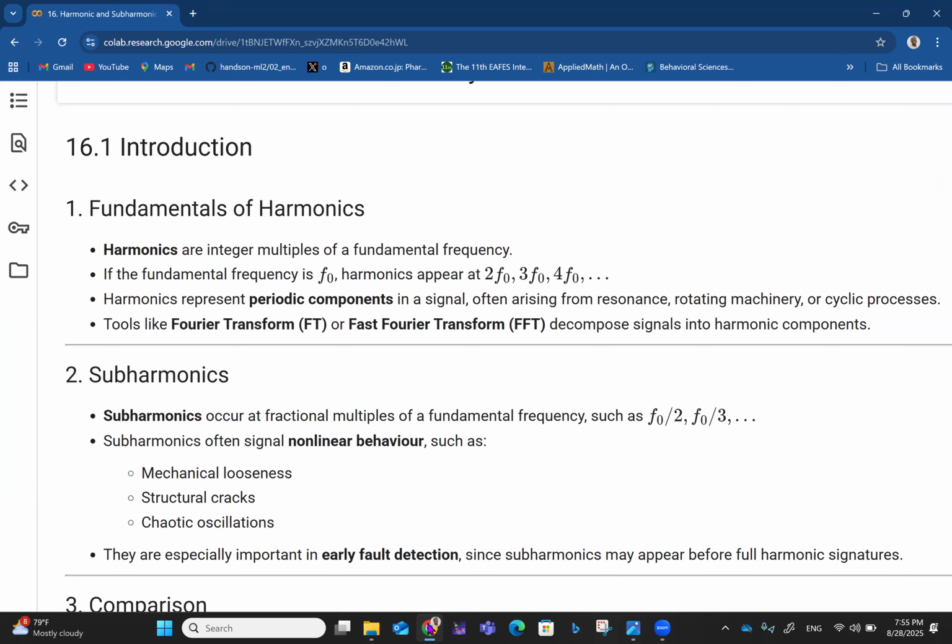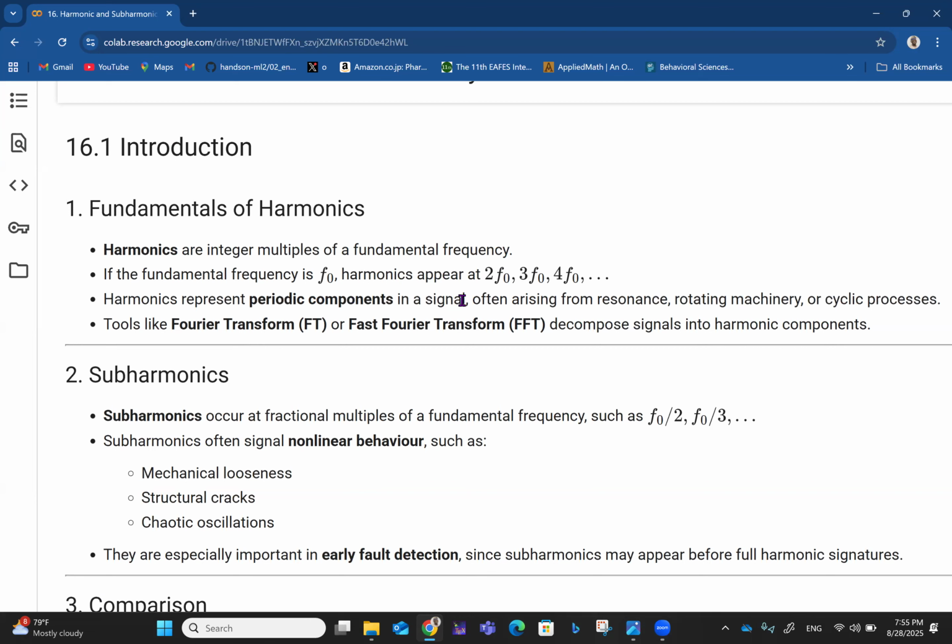So you have a fundamental frequency, and then you have integer multiples of that, and what you call them will be harmonics. If the fundamental frequency is f naught, for instance, harmonics appear at 2 times f naught, 3 times f naught, 4 times f naught. Let's assume that the fundamental frequency is 50 hertz. Then the harmonics of 50 hertz will be 100 hertz, 150 hertz, 200 hertz, and so on and so forth.